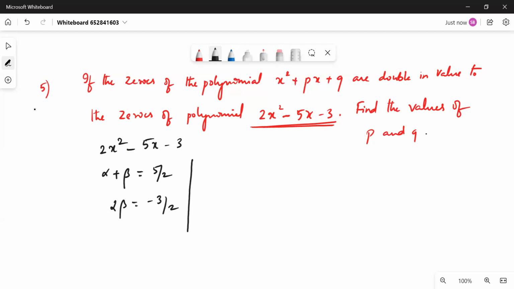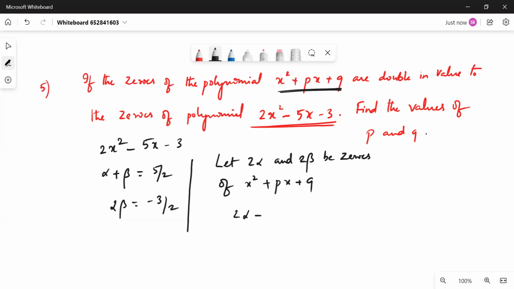Now they are telling that the zeros of the above polynomial are double in value. So let 2 alpha and 2 beta be zeros of x square plus px plus q. So 2 alpha plus 2 beta will be equal to minus p.